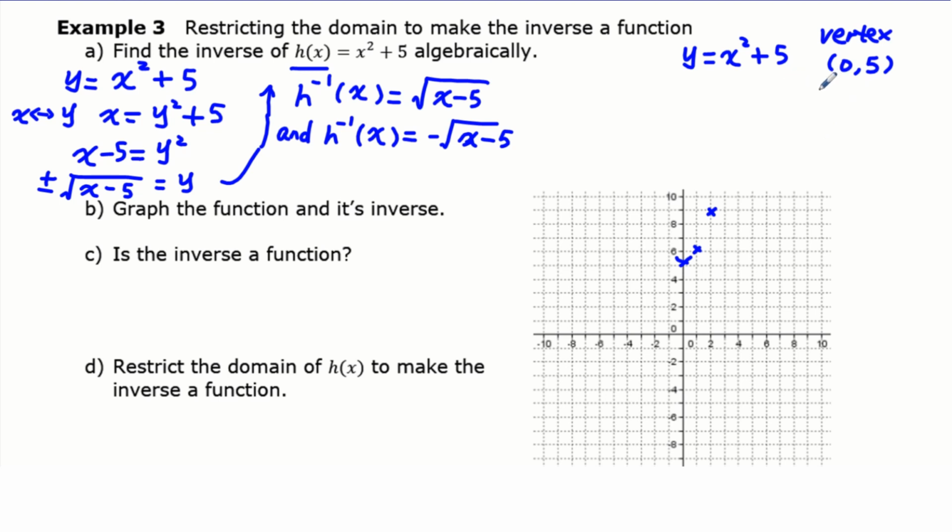Then the step pattern is the a value times 1, 3, 5. There's no number in front of x squared, so a is 1. So right 1 up 1, right 1 up 3. This means the slope. Then do the same thing on the symmetric side: left 1 up 1, left 1 up 3. For the right side it is up 1, right 1, up 3, right 1. So connect them. This is your parent function.